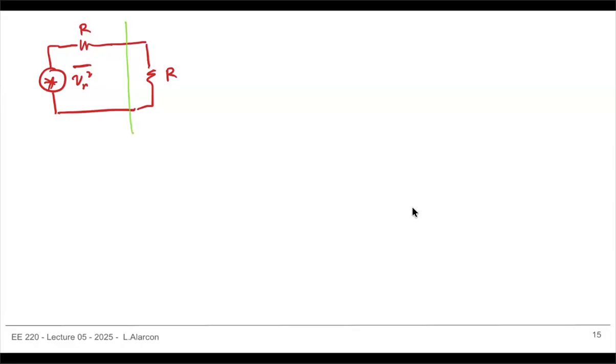So we talked about this. The question is, can I actually get power from noise? We saw this noise generator. He said we can't get power, but what if I just put a resistor here? This is my noisy resistor, and I model it as a noiseless resistor with some noise generator.